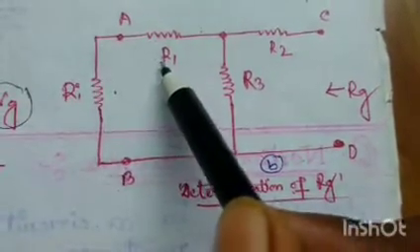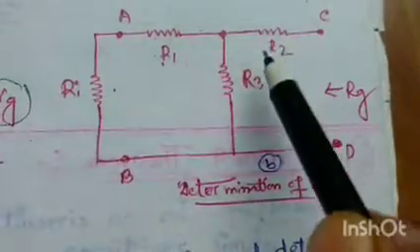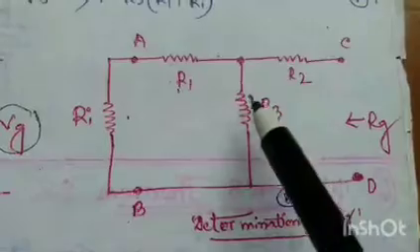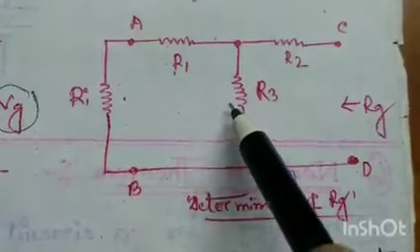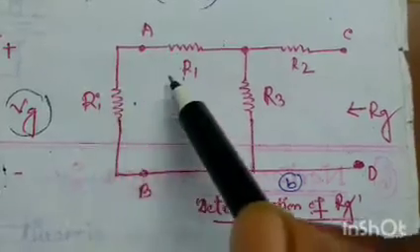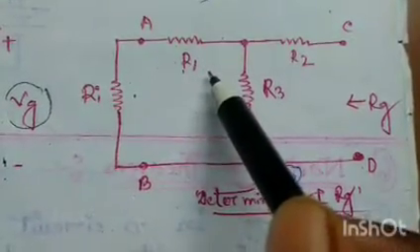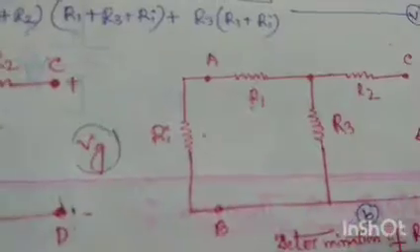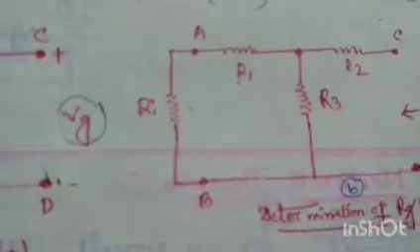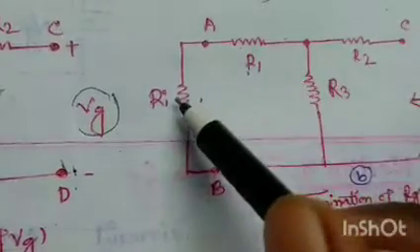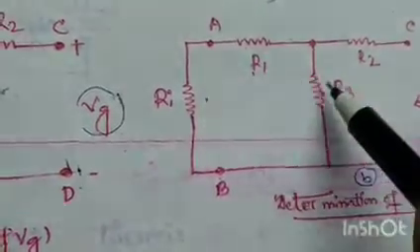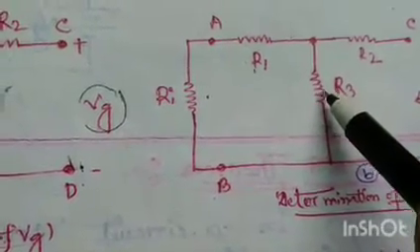So simply the Rg between C and D is calculated. Ri and R1 are in series. This series combination is in parallel combination with R3.